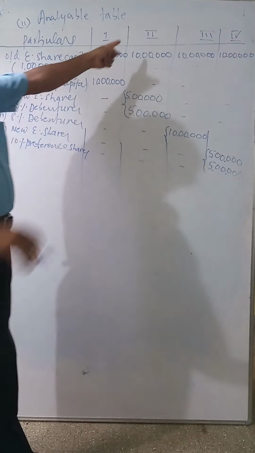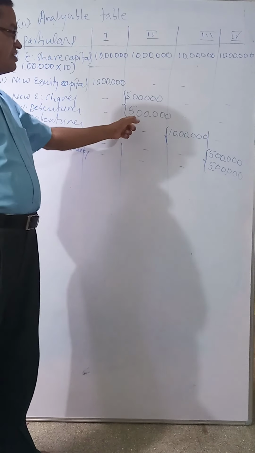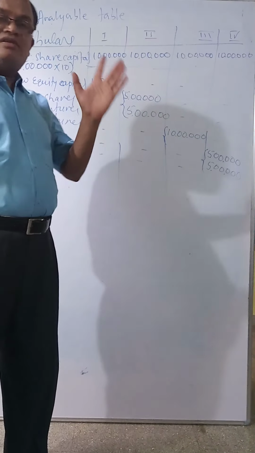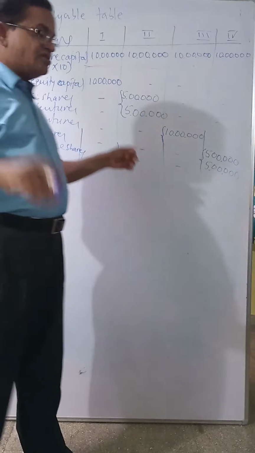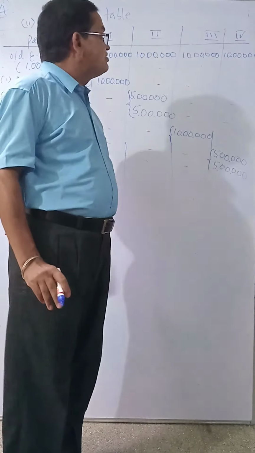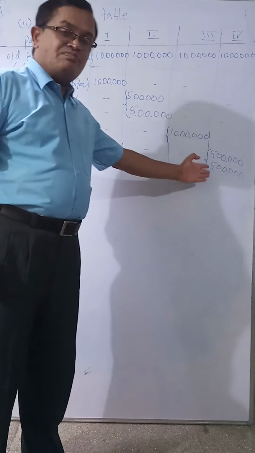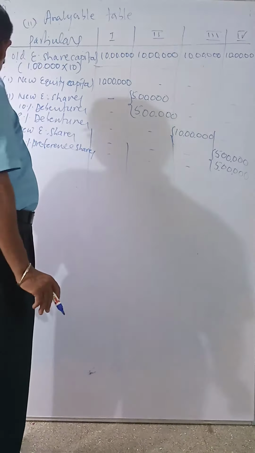The second point is rupees 5 lakh in equity shares and rupees 5 lakh in 10% debentures, 10 lakh over. Third point, the fund is raised by issue of 8% debentures, so the 10 lakh is debentures. Fourth point is 5 lakh in equity shares and 5 lakh in 10% preference shares. Fourth point over. Now see, this is important for us.